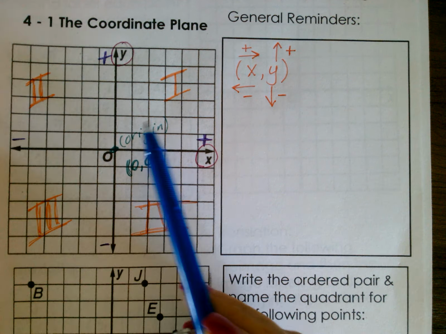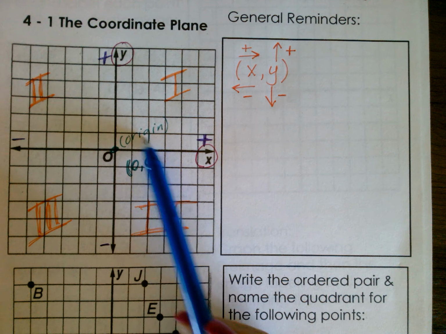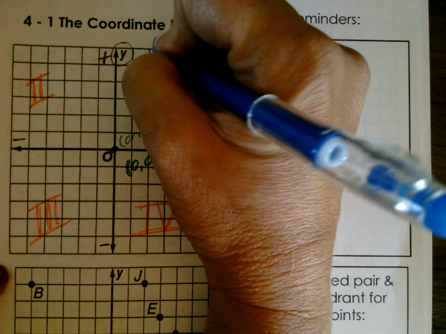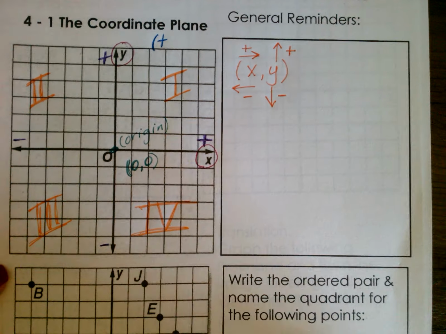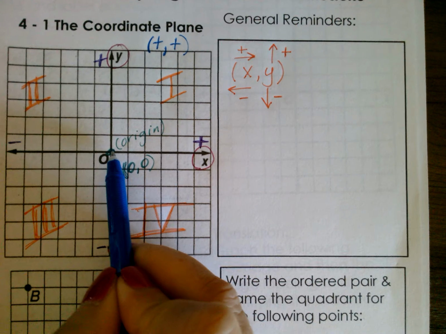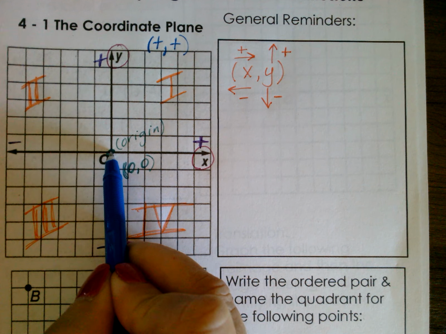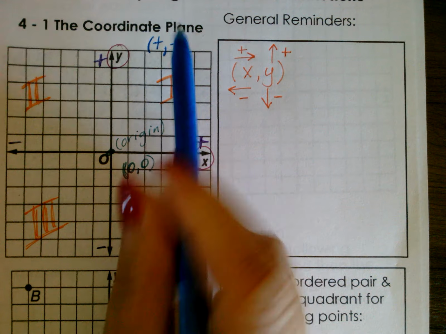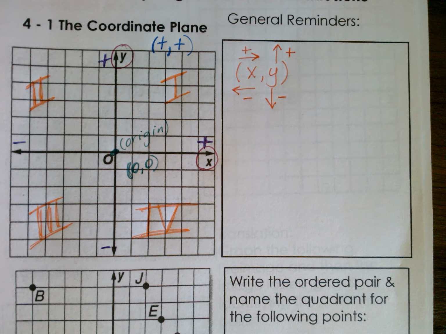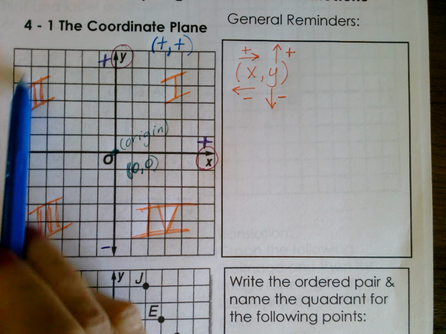Now, if we think about it a minute, all of the ordered pairs that I would plot right here, what I know is my X would be a positive number and my Y would be a positive number, because I would start at the origin, I would move right, and then I would move up. So both the X and Y are positive numbers.